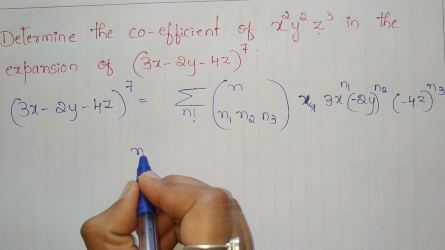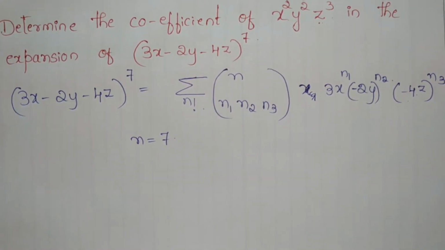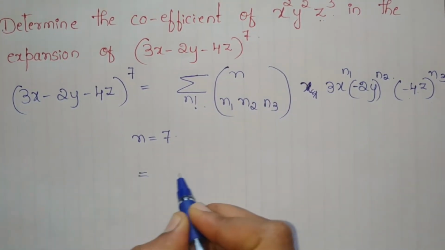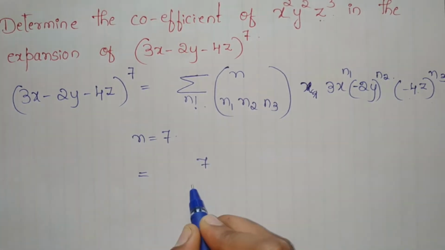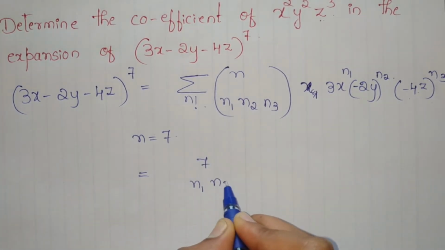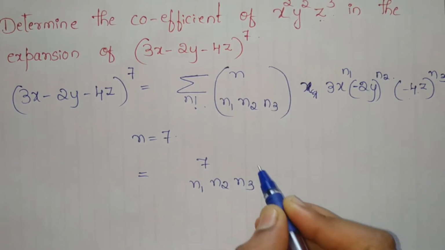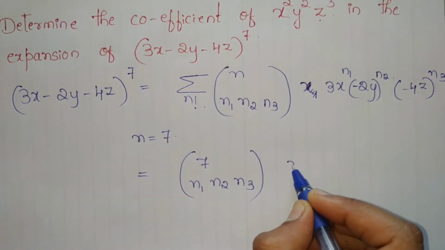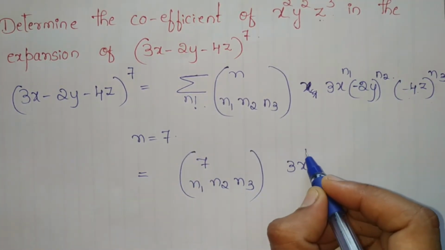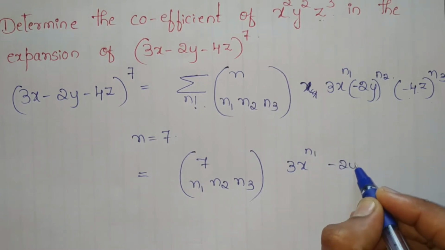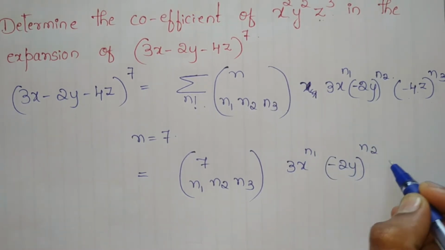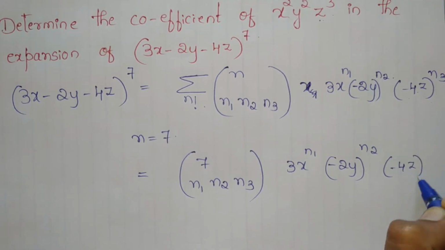Here n is equal to 7. Therefore, I will have 7 over n1 n2 n3, into 3x raised to n1, minus 2y raised to n2, minus 4z raised to n3.